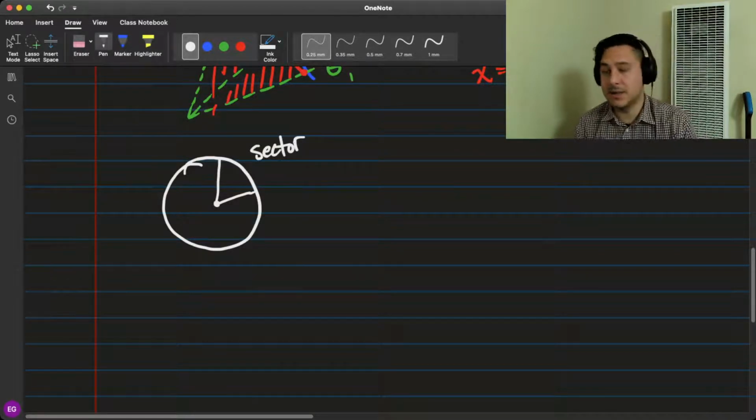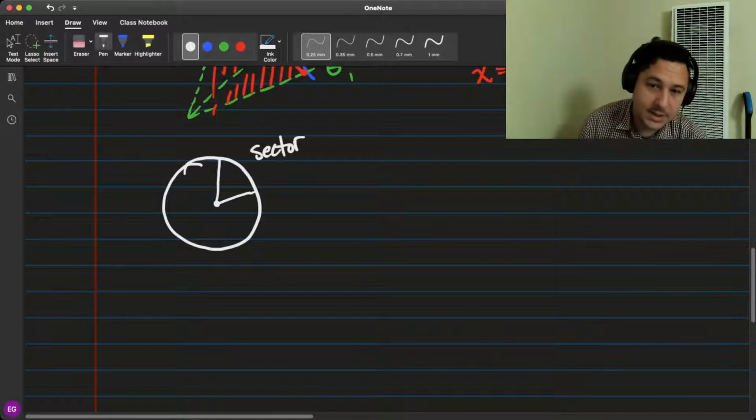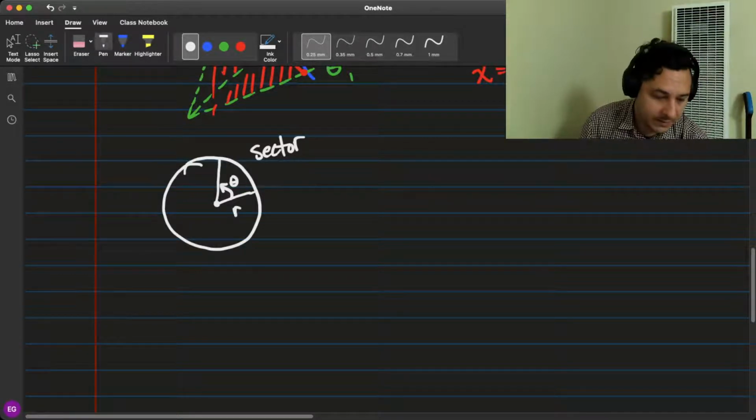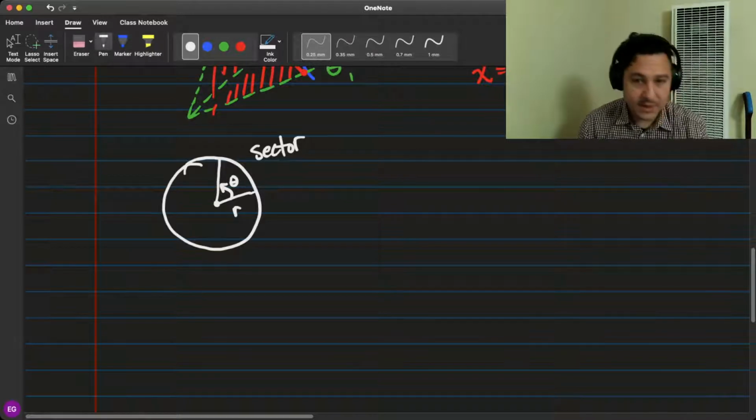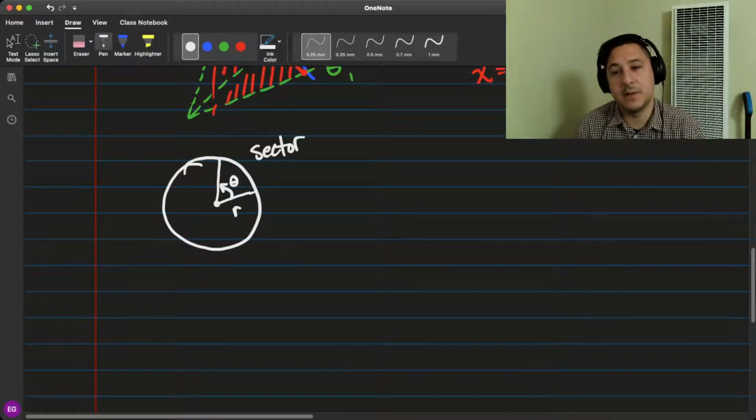A sector is like that little slice of a circle. In a sector, you usually have some angle, which we'll call theta, and you have a radius, and you can figure out the area of said sector. And it's actually not that hard to figure out. So we're going to start off by saying that the area of the whole circle is pi r squared.